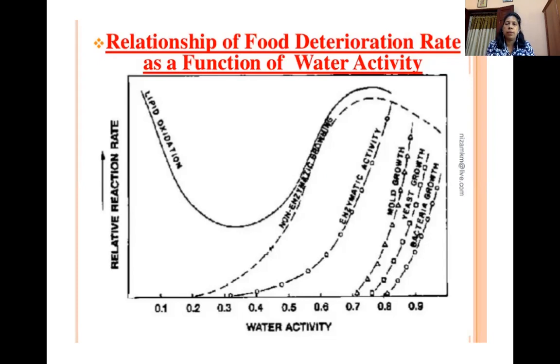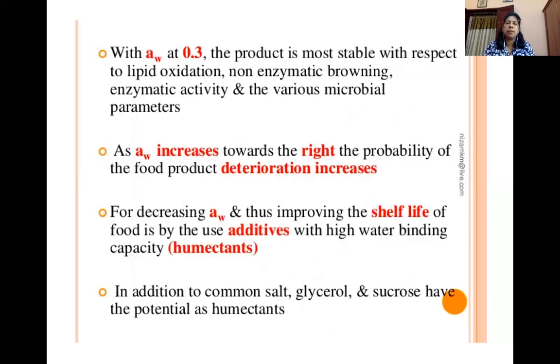Also the non-enzymatic reaction at 0.3 is at a very low level, and therefore negligible. Again, enzymatic activity and microorganism growth are no longer there. Therefore, when we consider 0.3 water activity, the product is in a very safe situation, right? More stable. We call it stable.